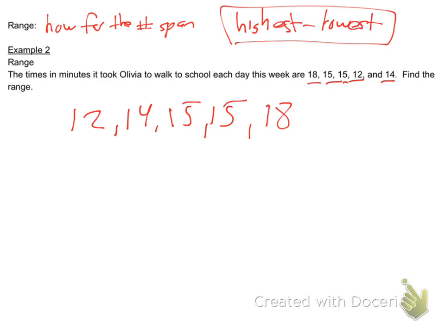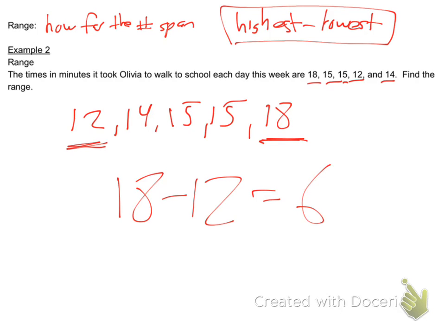And then I can say, wait a minute. 18 is my largest number. 12 is my lowest number. So 18 minus 12 is 6. So the range is 6. I could also, right now, ask you what's the mode. 15. There's two of them, and that's the only one that has the most. So the others, you just follow the same rules from the last slide.